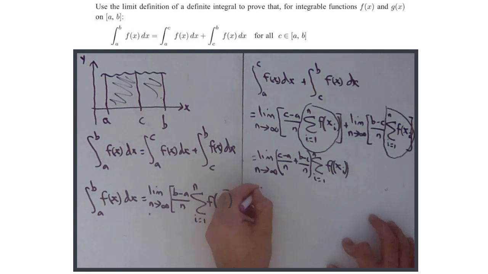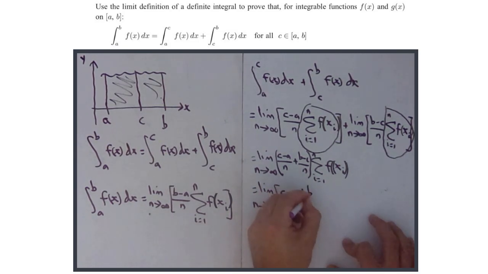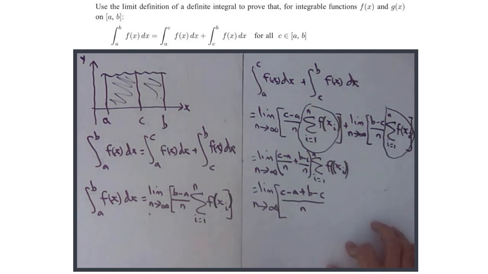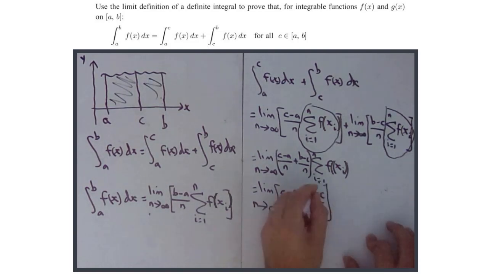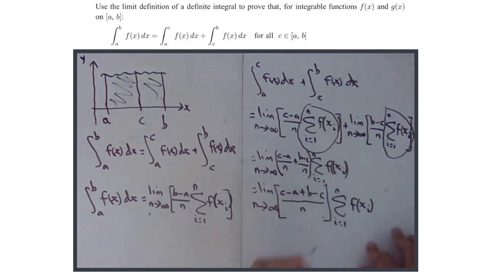So now you can say that's the limit as n approaches infinity of c minus a plus b minus c, over n, so it looks like we're going to get some cancelling, times this sigma that we've had the whole time from i equals 1 to n of f of xi.